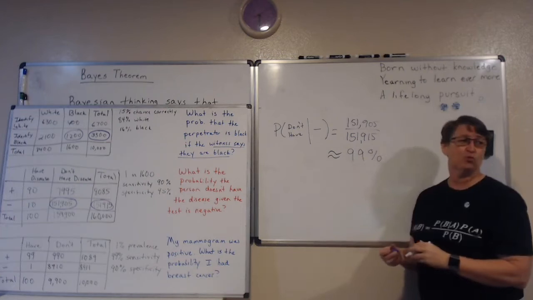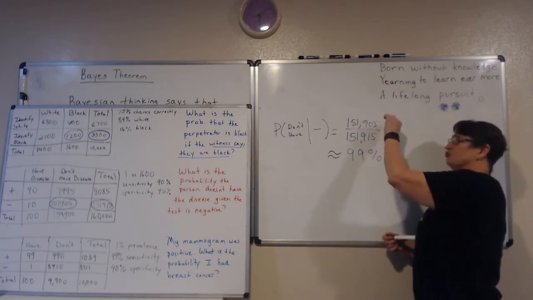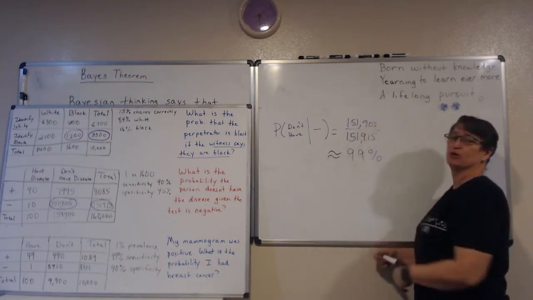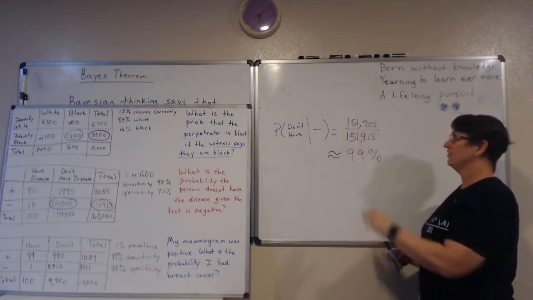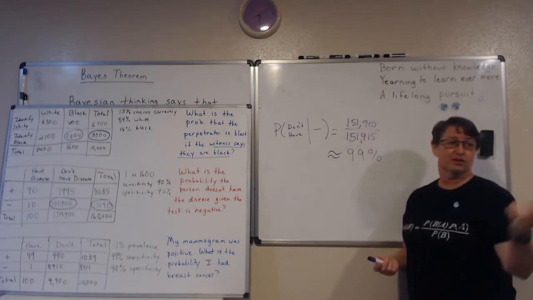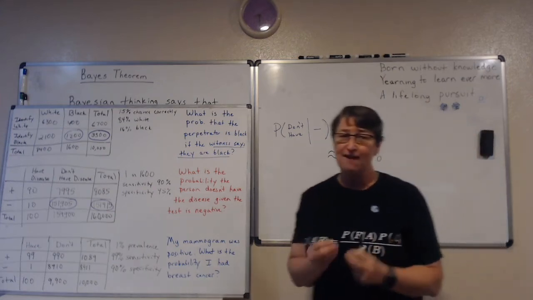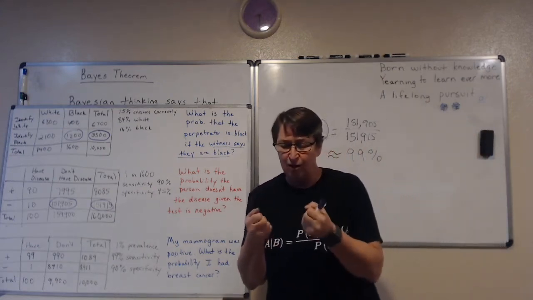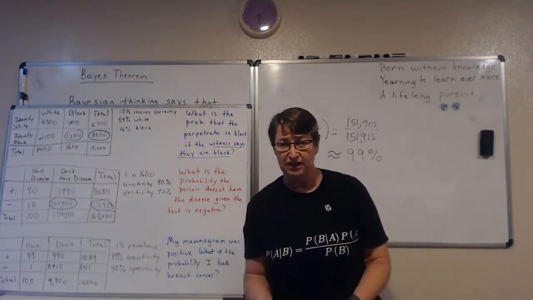Almost everybody who walks out with a negative test, because those two numbers are so close. We're just 10 away, and the numbers are so big that this is almost the same. So it's almost 100% of them. Jasmine says it's 99.99. So almost everybody who walks out with a negative test does not have the disease.